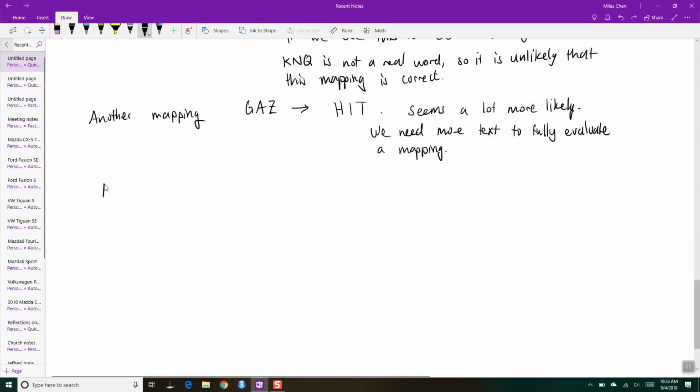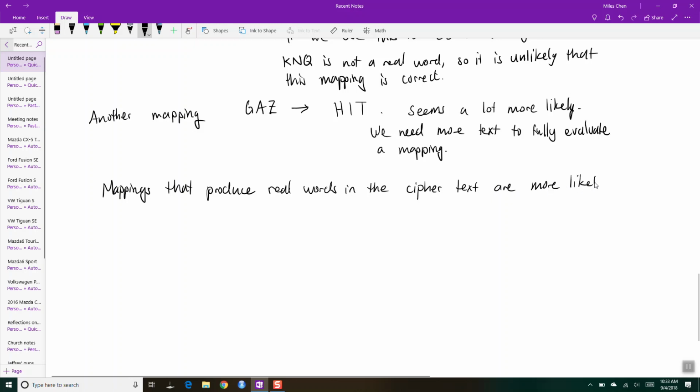So mappings that produce real words in the ciphered text are more likely, or we'll say will have a higher probability, okay, and then mappings that produce nonsense words are less likely.